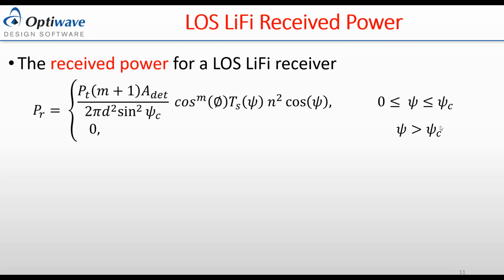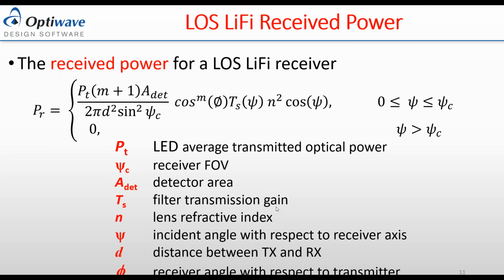As you see here, we have a condition that psi, the receiver incident angle, has to be less than the field of view angle. If the received angle is more than the field of view angle, then you don't receive any power, and the received power would be 0.